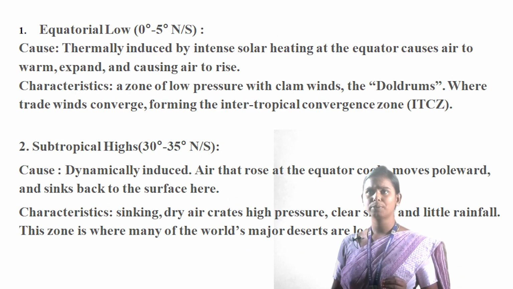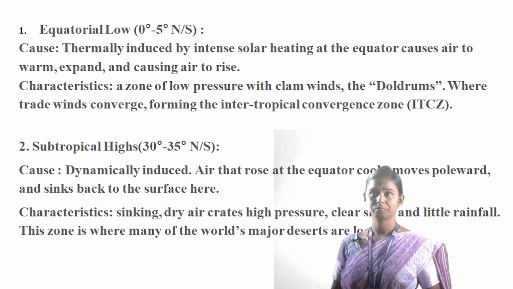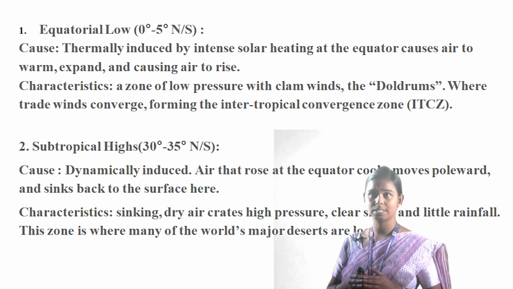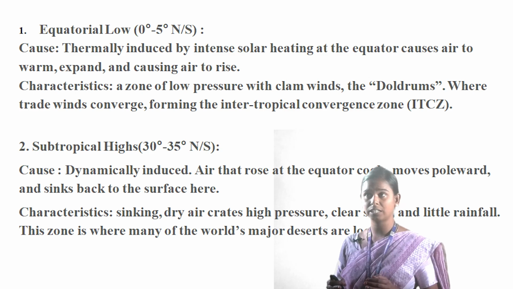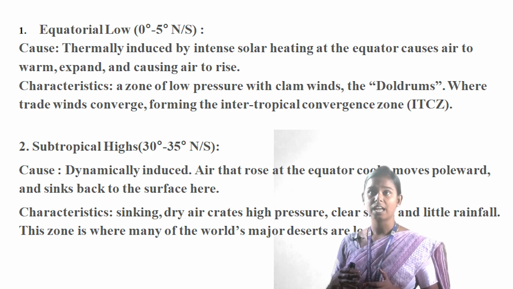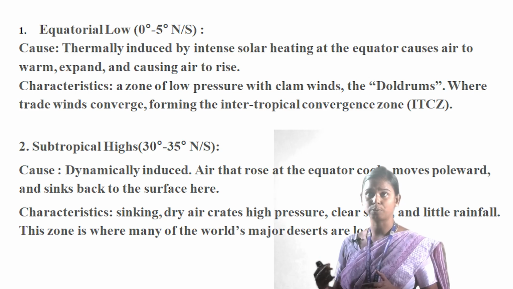First one is the equatorial low. Cause: thermally induced. Intense solar heating at the equator causes air to warm, expand and rise.